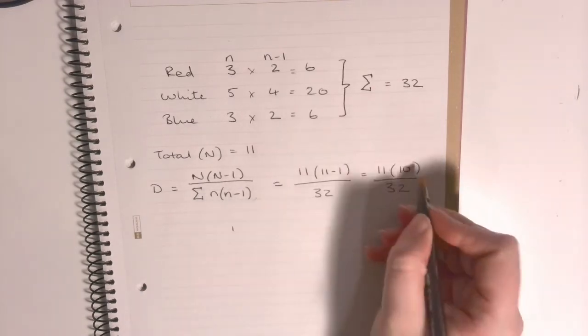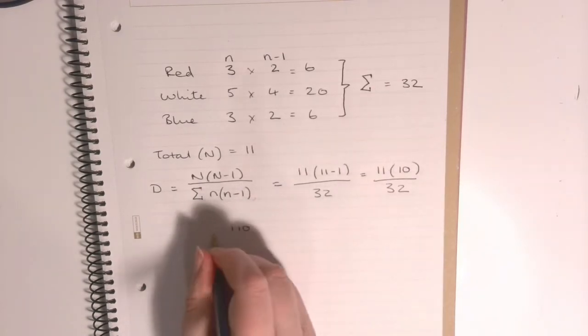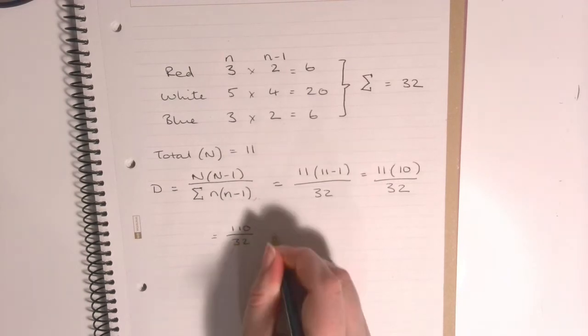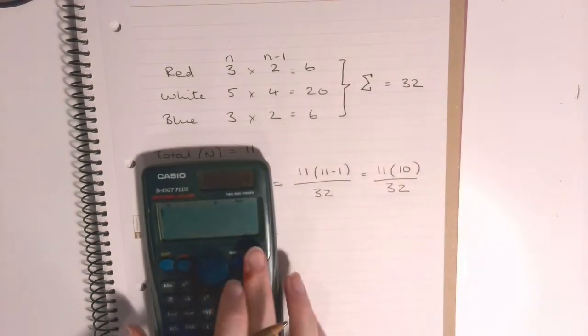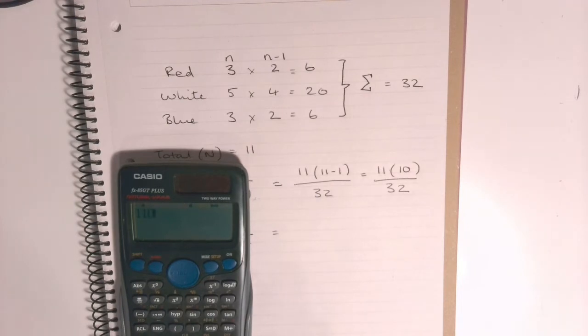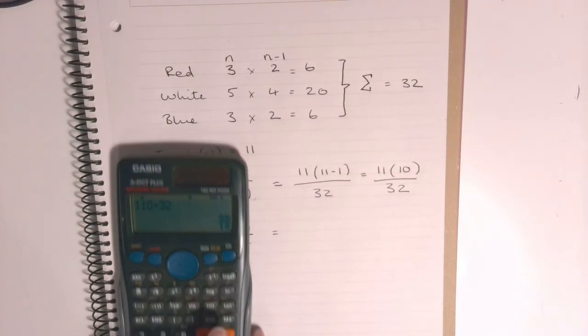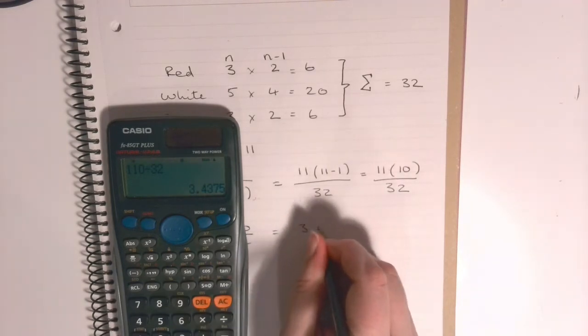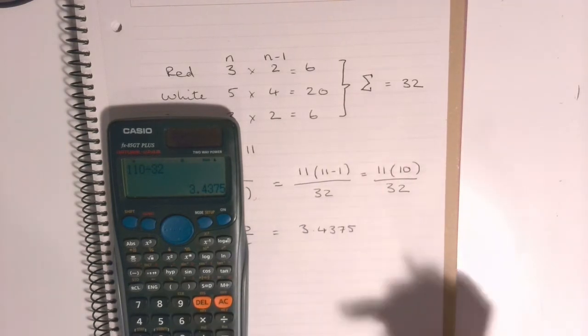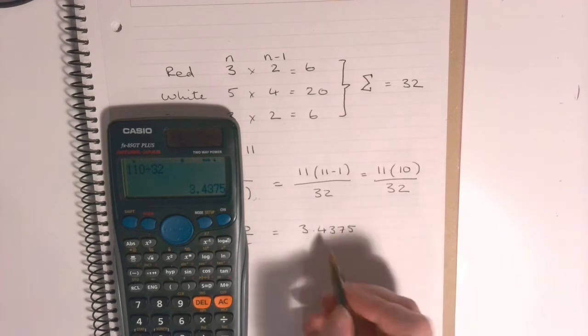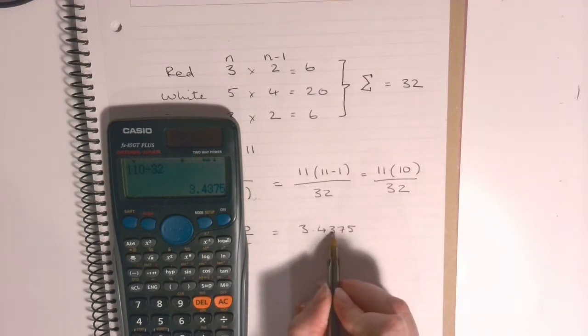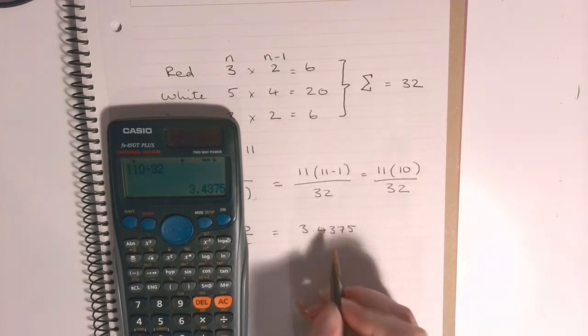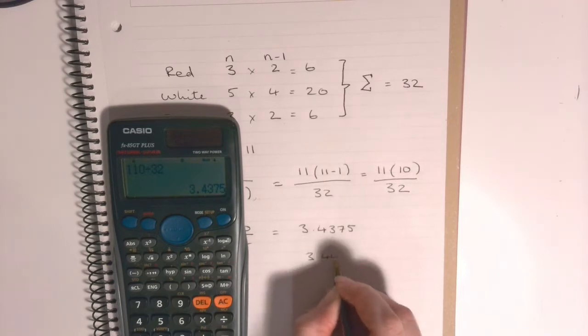So 11 times 10 is 110 divided by 32. That gives 3.4375, but remember, calculate to 3 significant figures because it says so in the question and it's good practice anyway. 1, 2, 3, the 7 rounds that up, 3.44.